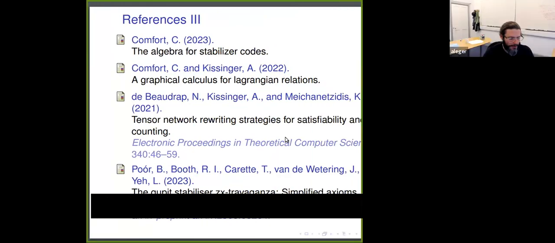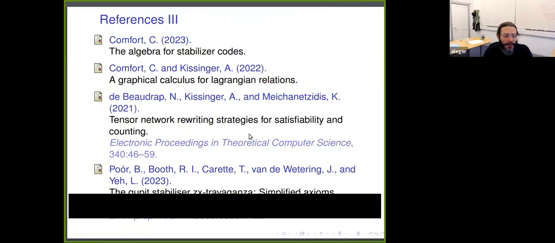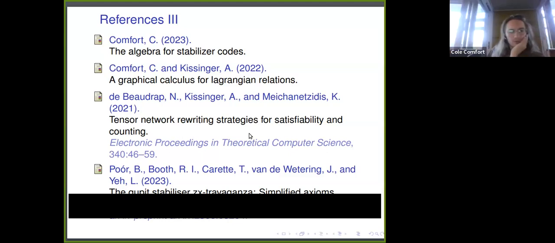I have a question. This upcoming paper with Robert Booth, the point is you have a completeness where you don't need to unfold the Lagrangian relations into this doubled picture anymore. Is that the point? Yep.